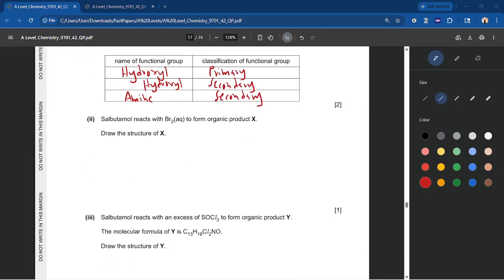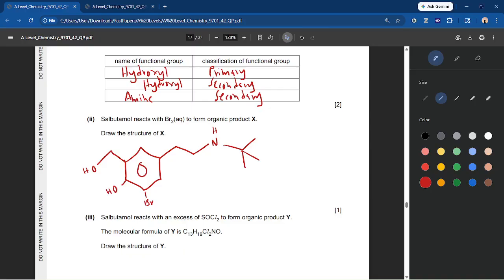So since we have to draw the entire structure, Br, this will be NH like that. Bump over there, HOH, and this one will also be OH.